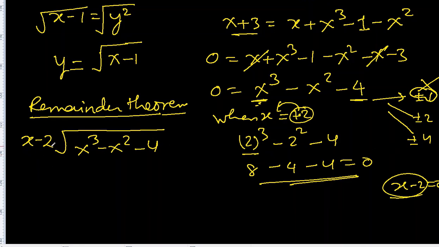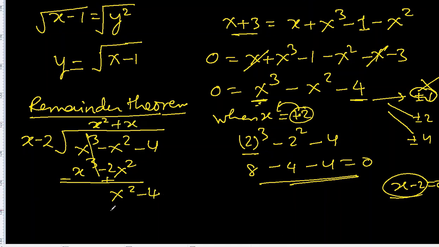Okay, and now we can divide it. So x needs x square to make it x cube minus 2x square. This cancels out. x square minus 4. We need x. So x square minus 2x. Cancel. And this will become plus 2x minus 4. And now I need 2.